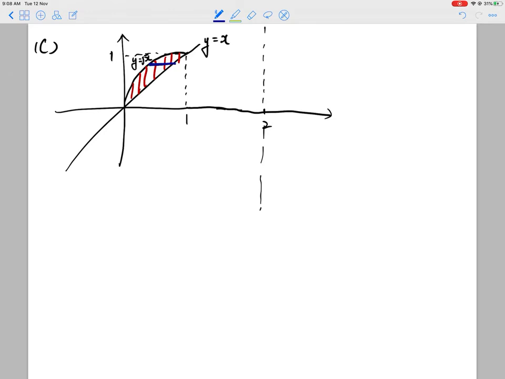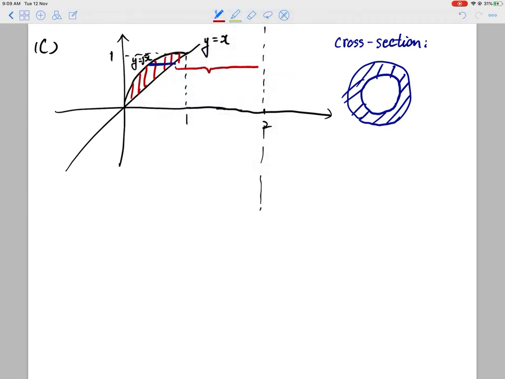The cross section should look like a larger circle and a smaller circle, and this is the cross-section area.